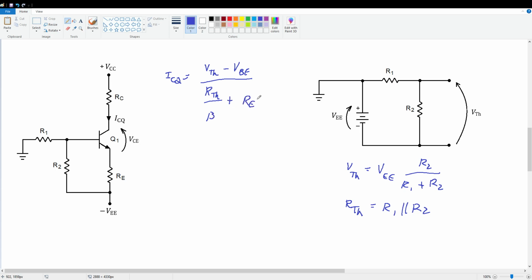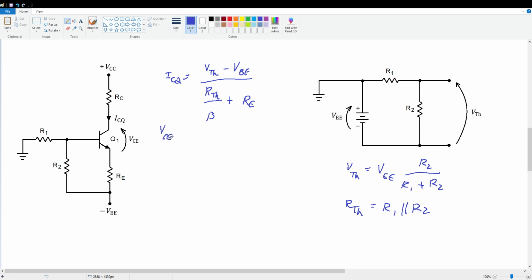Okay, and it should be pretty clear where that all comes from if you've followed through all the previous videos, right? This is simply a voltage divider on the base, and we've got VTH, the drop across R2. RTH is the resistance looking into the divider from the perspective of the base. And there's our expression.